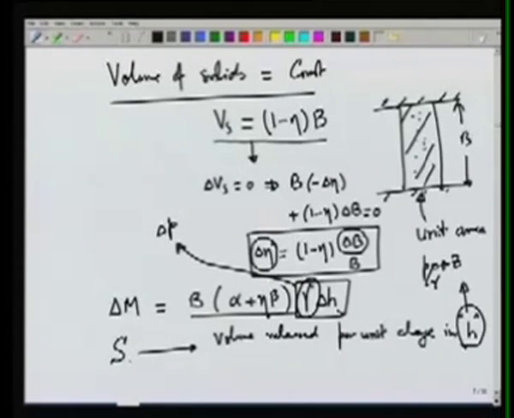And then to find out a storage coefficient, we know that this is volume, and we have written our equation in terms of mass.